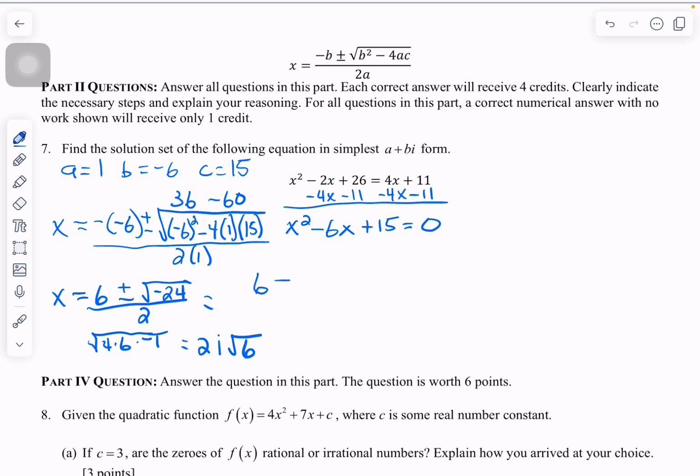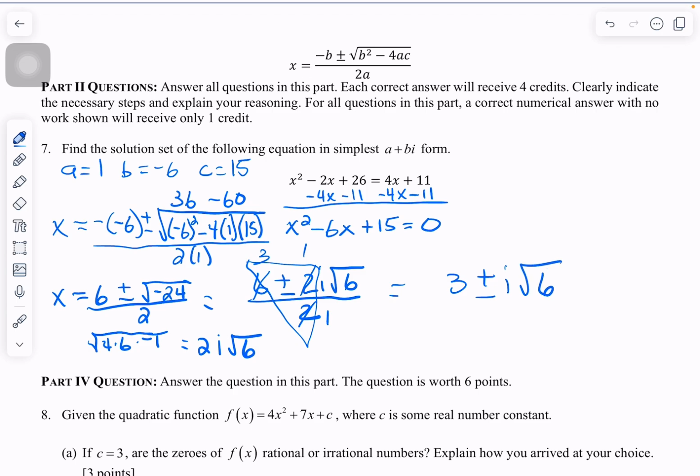So we end up with 6 plus or minus 2i square root of 6 all over 2. And again, I have the same factor here, so I can divide this by 2 is 3, and 2 by 2 is 1, and this is 1. So my final answer is 3 plus or minus i square root of 6.